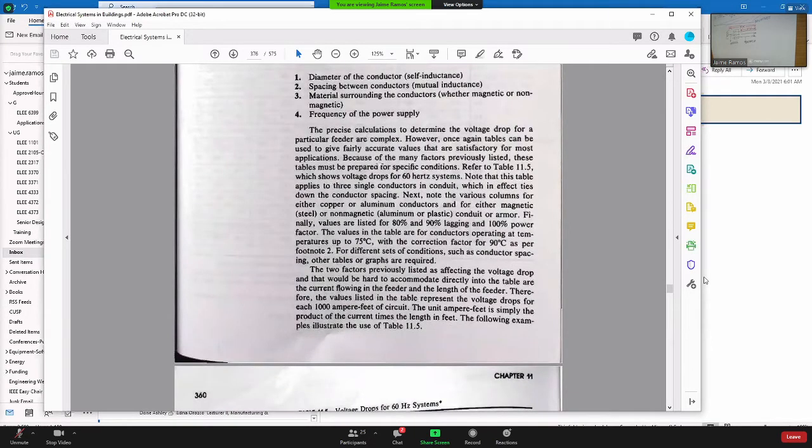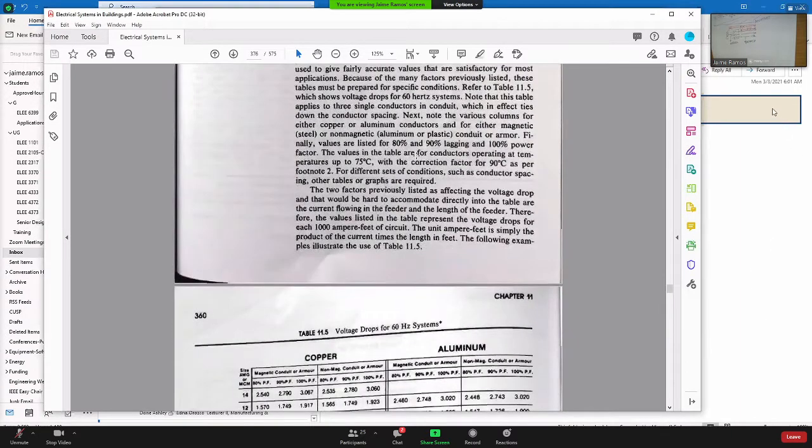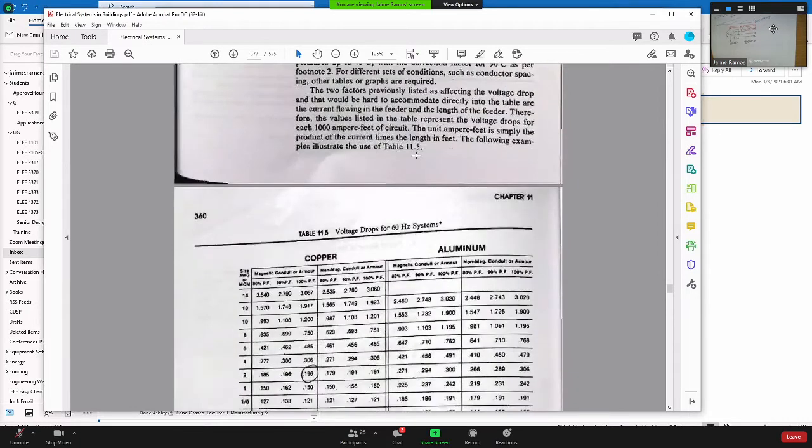Okay, so precise calculation: the program that we have been using, the PTW32, calculates voltage drop. But here we will see these tables. Table, look.